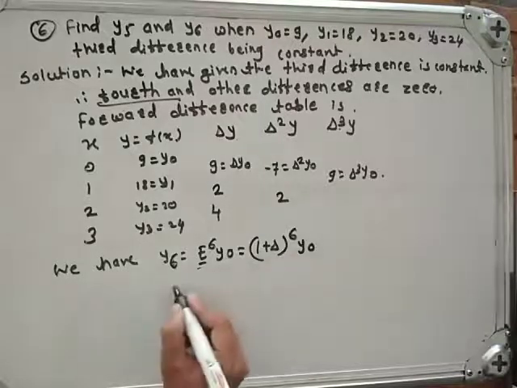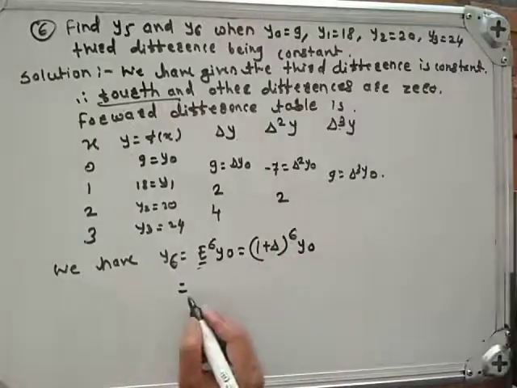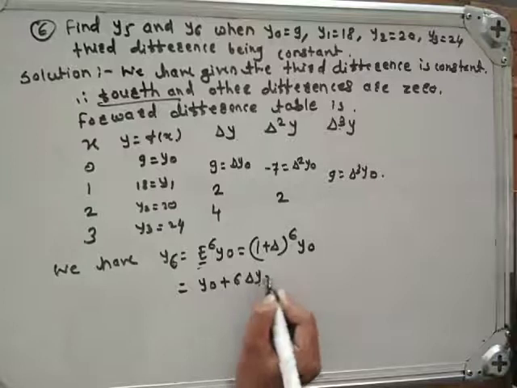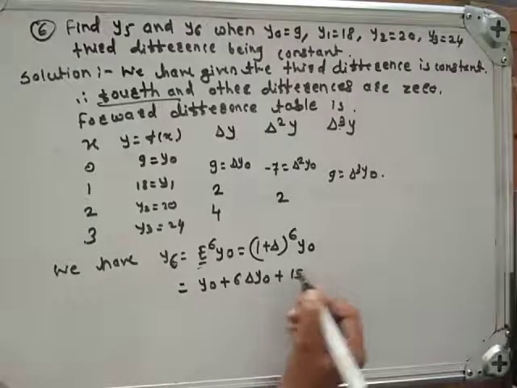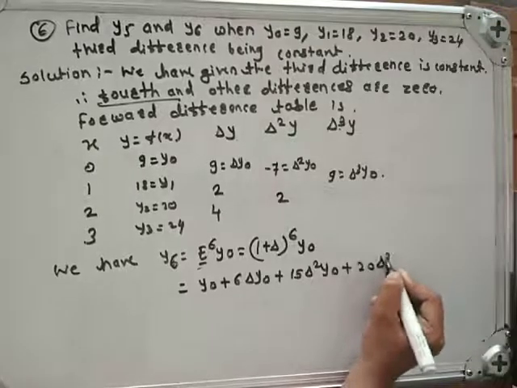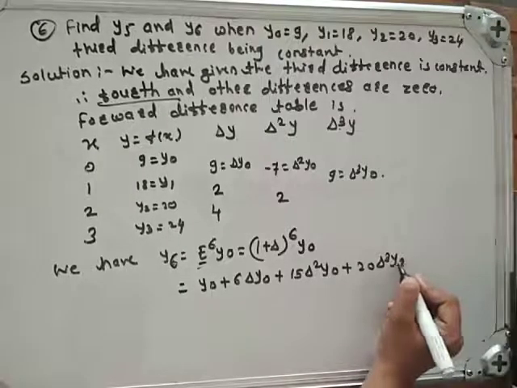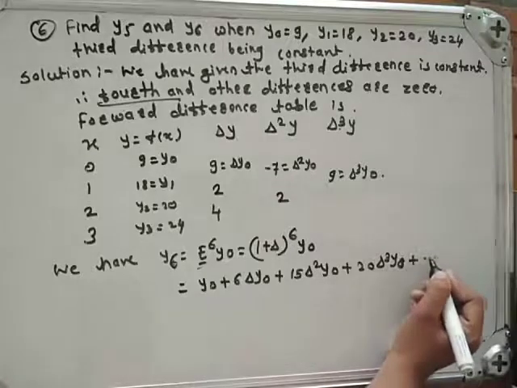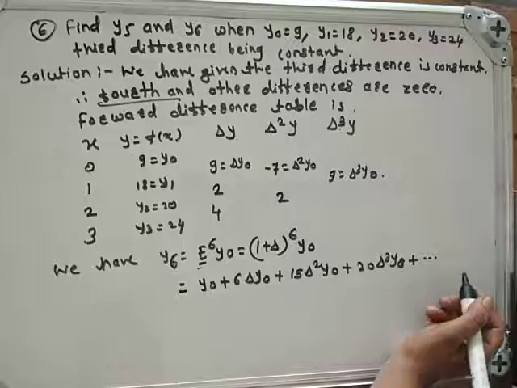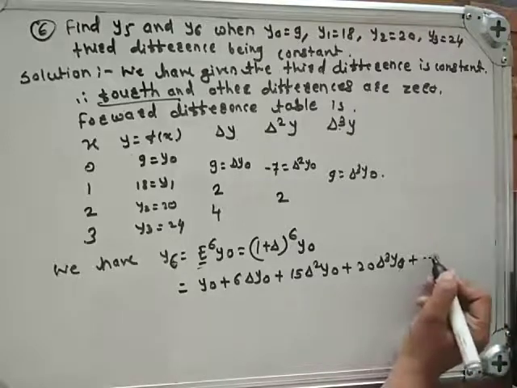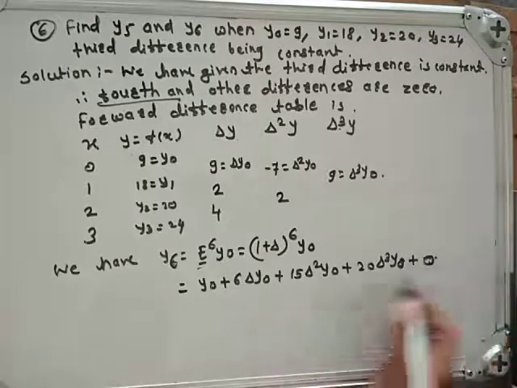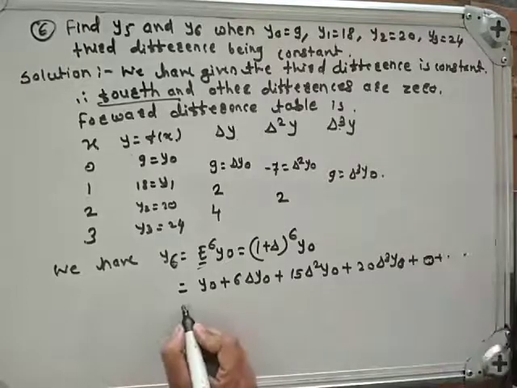By using binomial expansion, we get y0 plus 6 into delta y0 plus 15 into delta square y0 plus 20 into delta cube y0 plus delta raised to 4 y0 but it is 0, so plus and so on.